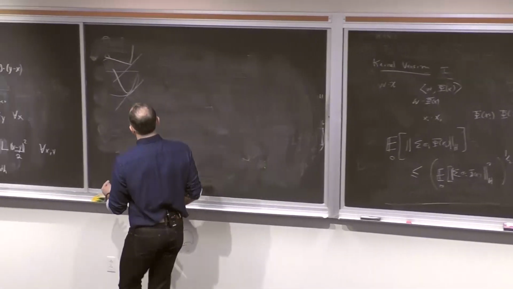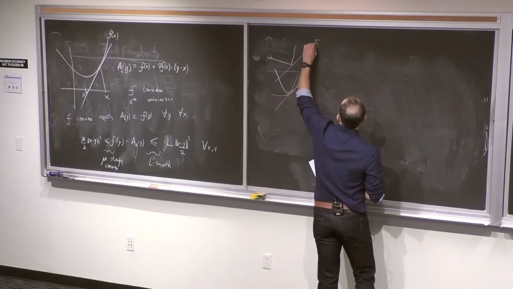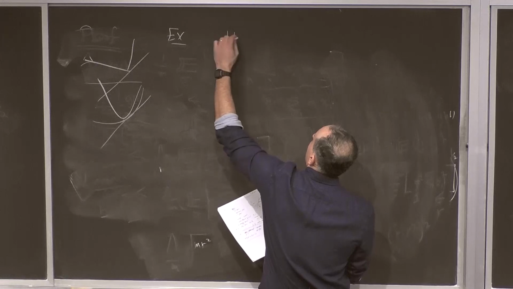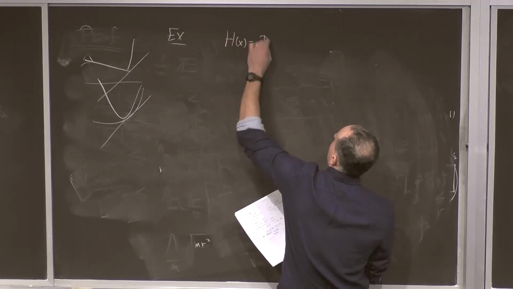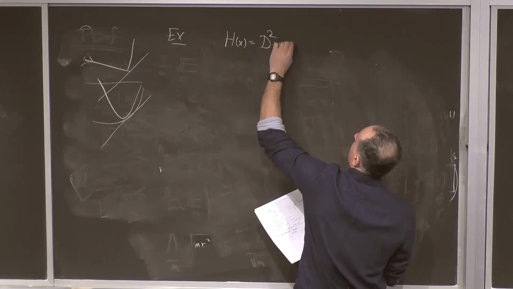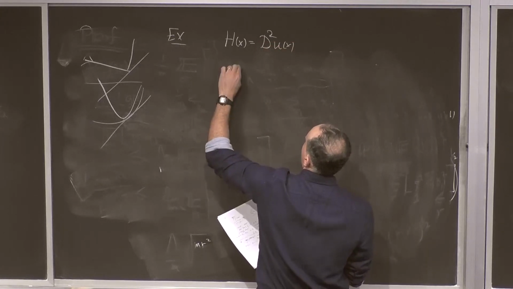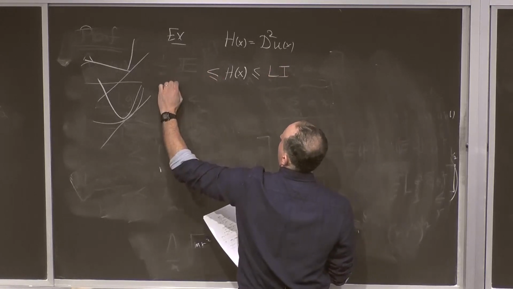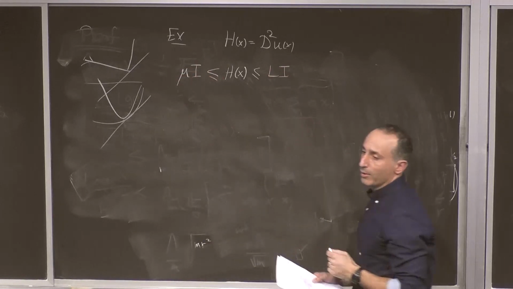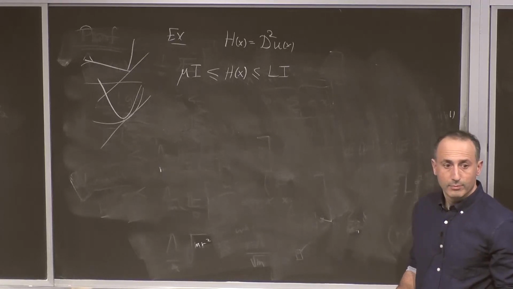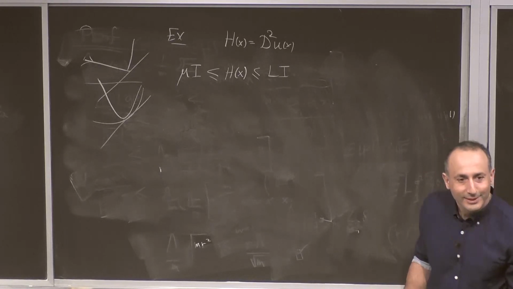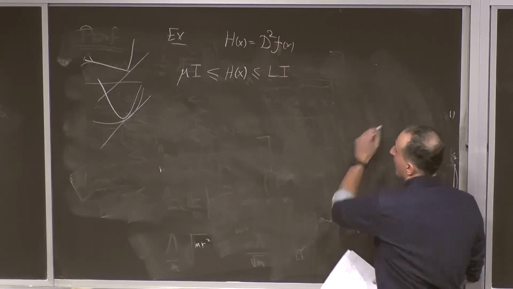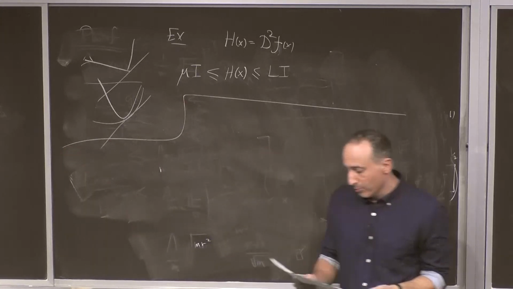An example of that: both these things are basically saying that if the Hessian, the second derivative, has eigenvalues between mu and L. Yeah? What's that? I mean F, I guess. Oh yeah, F, sorry, yeah, F. Okay. So that's all we're really going to use.